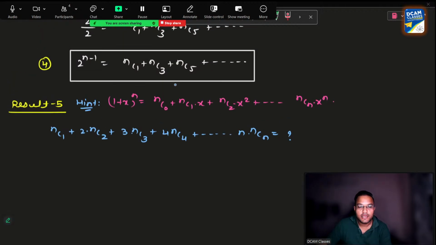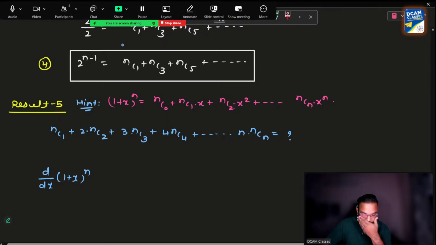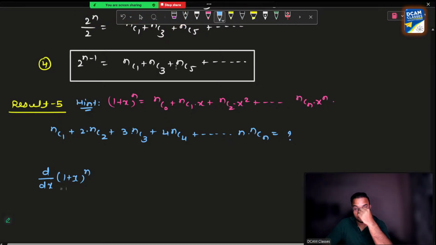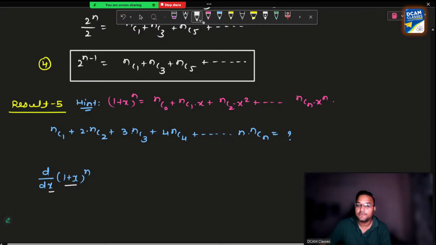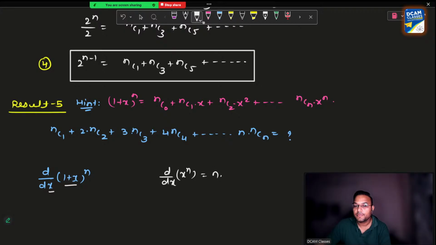See, if you differentiate d by dx of (1 plus x) whole power n, because this part and this variable are not the same. This is 1 plus x, this is x. But we know only the differentiation formula of d by dx of x power n, which is n into x power n minus 1, because this x and this x are the same.